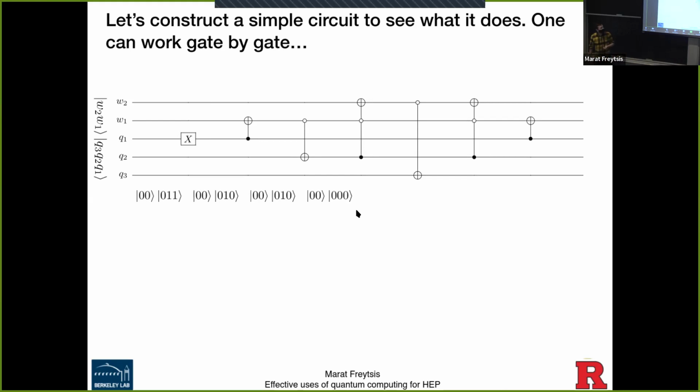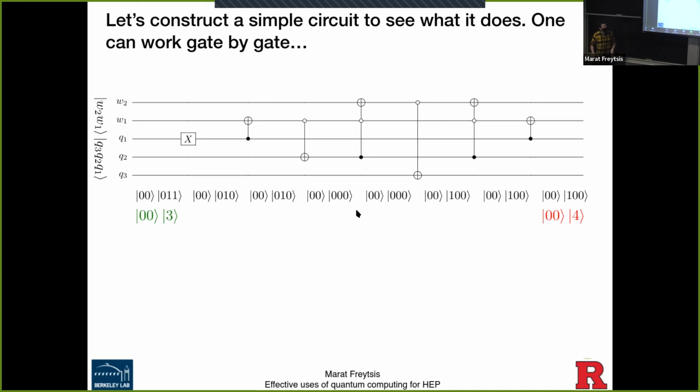Then I apply this reverse C0 gate, which because W1 is a 0, applies a NOT operation to Q2. Then the next controlled gate does nothing because everything is in a 0 state. Then it changes Q1. Next gate does nothing. And so what do I end up with? In binary notation, I started off with the W's in the 0, 0 state and 3, and I ended up with 0, 0 and 4.